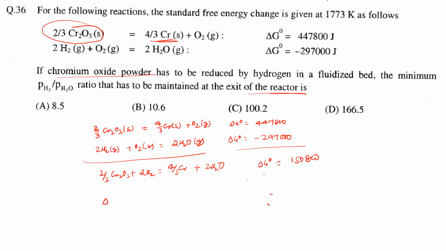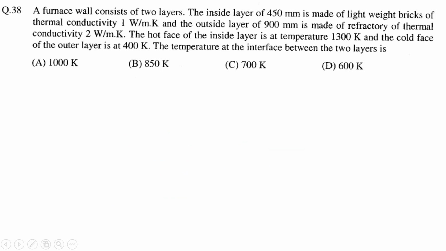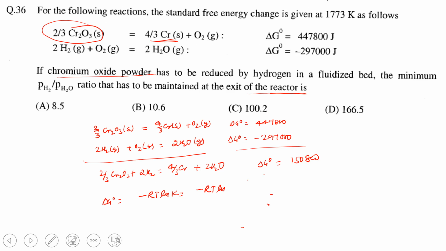Now this delta G naught we can write as minus RT ln K. So it will be minus RT ln pH2O whole square by pH2 whole square, which will be equal to 150,800. So it is what you have to calculate.